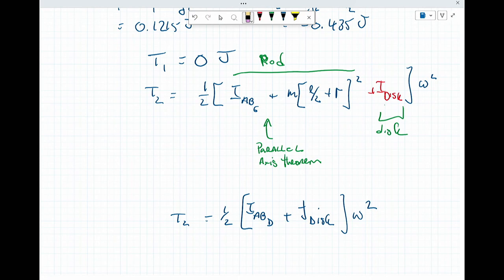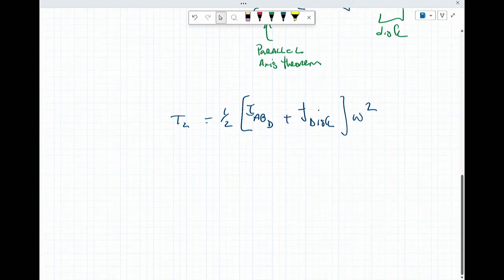So I can add them up and I get this expression right here. Or I can separate it out and just write it as IABG plus I disk times omega squared plus 1/2 mv squared of AB. But I'm going to leave it like this.